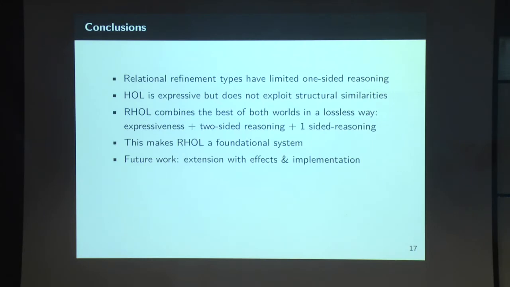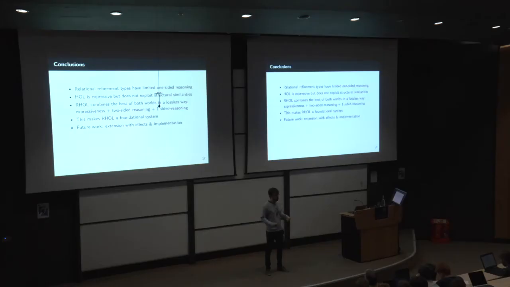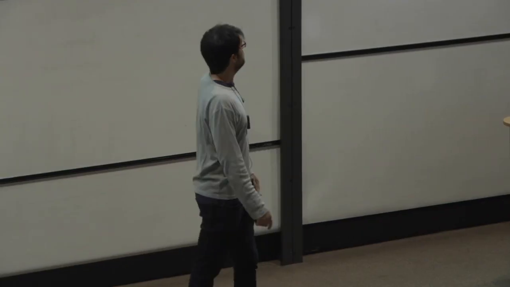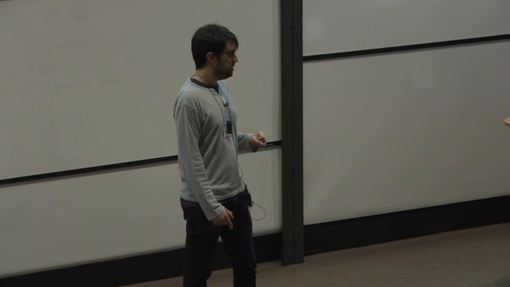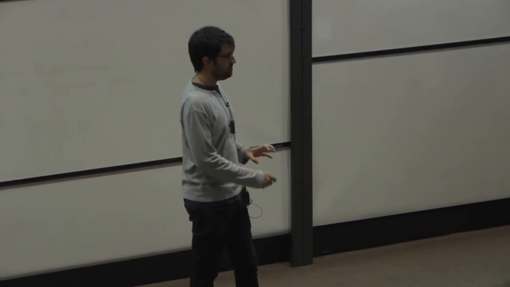So now, what I want to conclude with and what I want you to take home from this is that relational type systems, relational refinement types, have very good properties, mainly that they have very good synchronous reasoning on two terms that have similar structures. But once you want to do one-sided reasoning, they fall short.